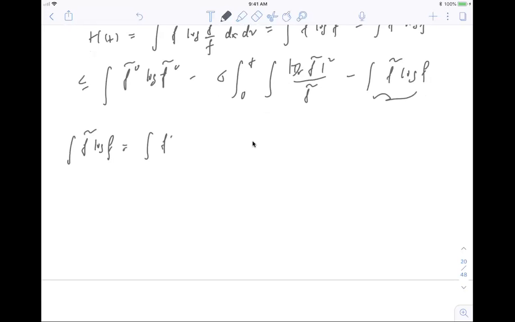from 0 to t. So then this part is actually just the adjoint operator applied to log f. You can check this.